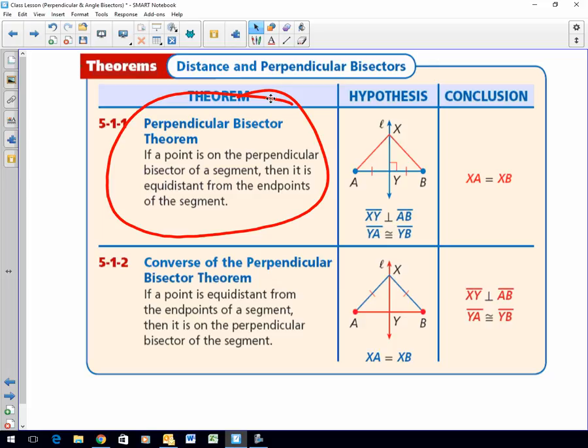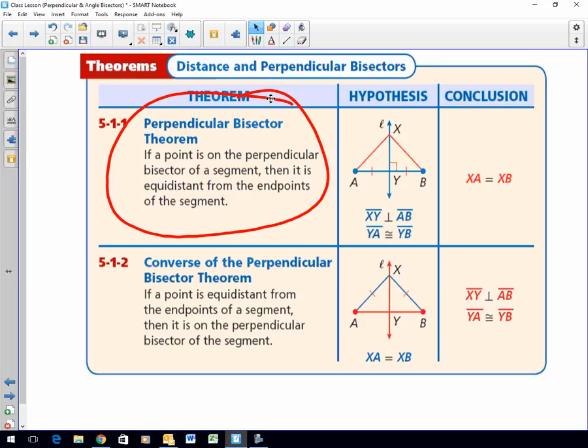Cuts it in half into two congruent segments, correct? So I'm going to walk you through everything here. I take my original segment, AB. I cut it in half using XY. So that's all I've done right now.